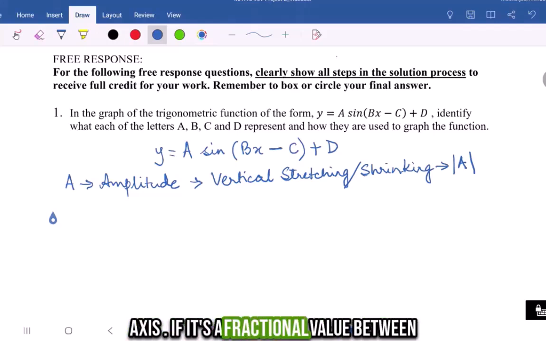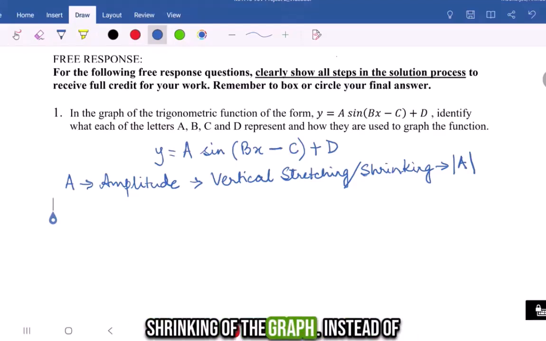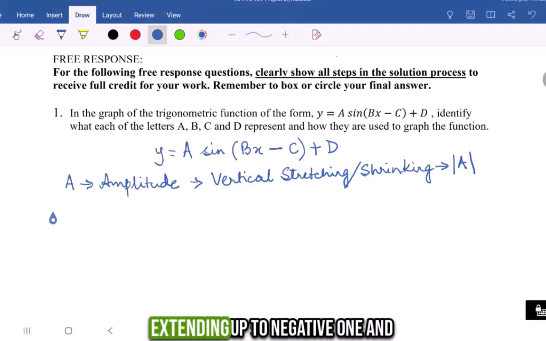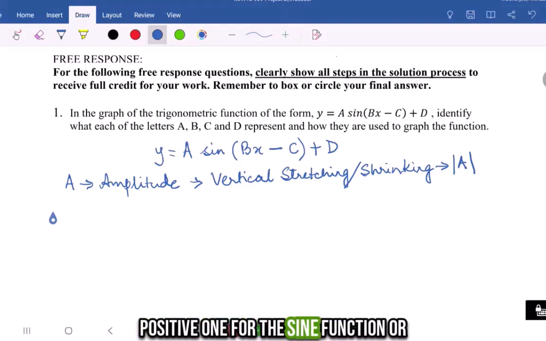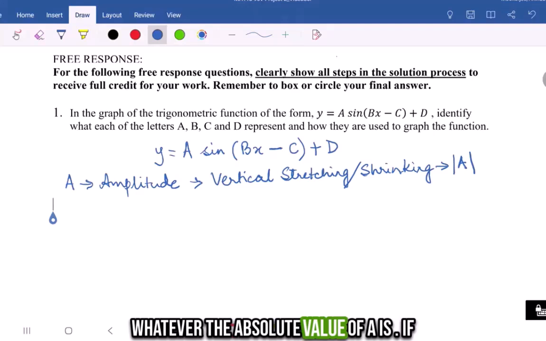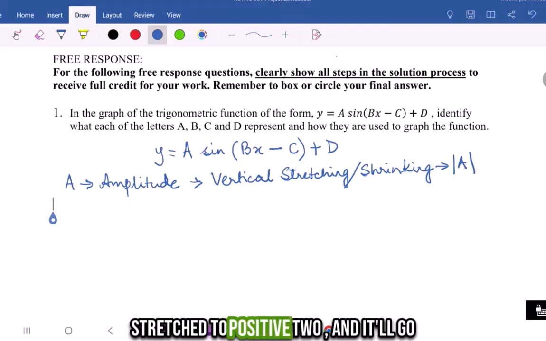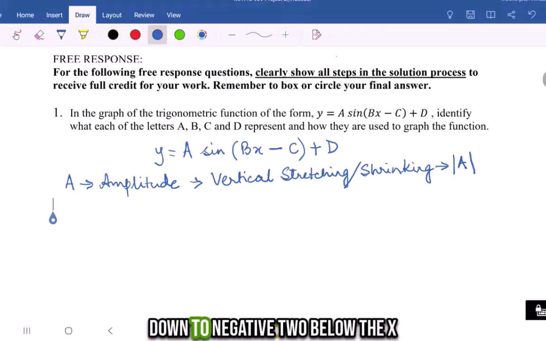If it's a fractional value between 0 and 1, then there's a vertical shrinking of the graph. Instead of extending up to -1 and +1 for the sine function or the cosine function, it will extend to whatever the absolute value of a is. If a is 2, then the graph will get stretched to +2 and it will go down to -2 below the x-axis.